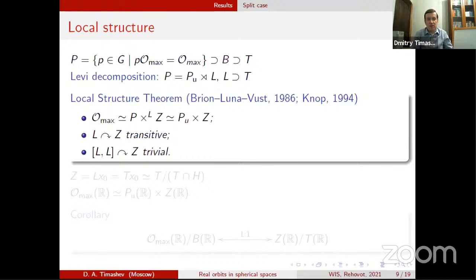Z is some closed subvariety of O max, stable under L. Moreover, the action of L on Z is transitive, and the derived subgroup of L acts trivially. So essentially, Z is a torus orbit, and this Z will be our slice.